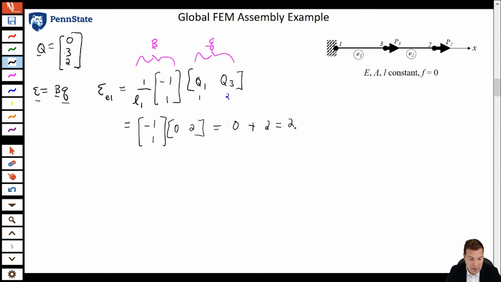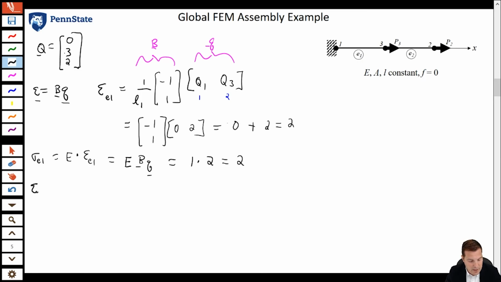So it's nice because now we can get the stress. Stress in E1 is equal to E times epsilon, which is Young's modulus times BQ, which is 1 times 2, equal to 2. That's the stress in element 1.